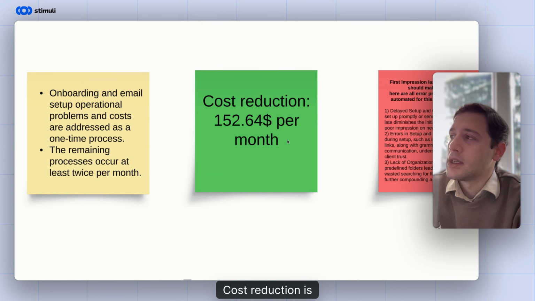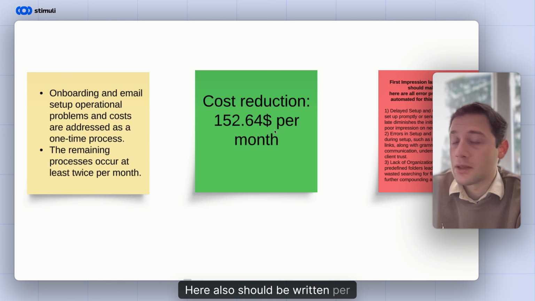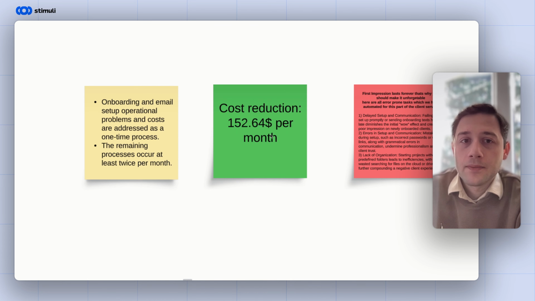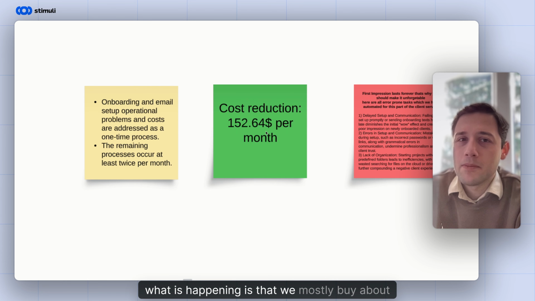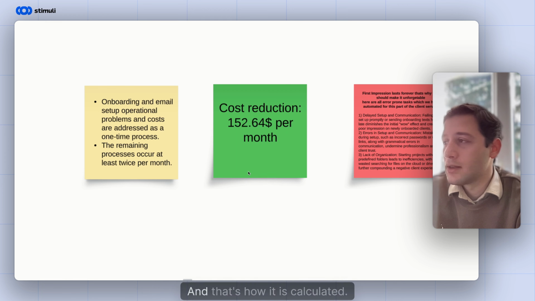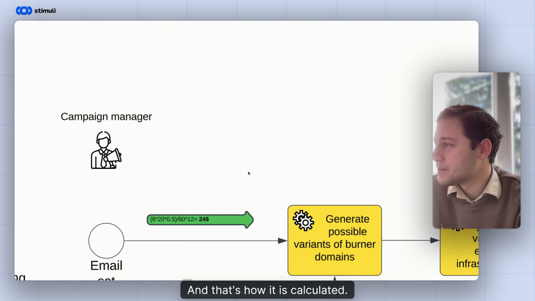Cost reduction is $152. Here it should also be written per onboarding the new client. What is happening is that we mostly buy about 20 domains for each client, and that's how it is calculated.